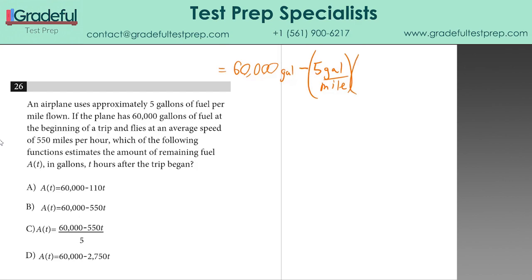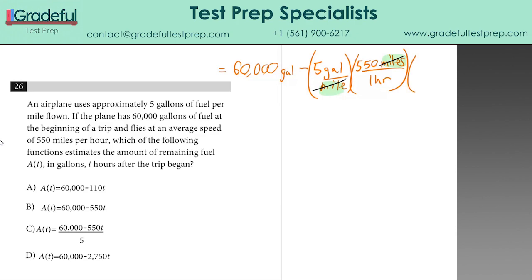The plane is traveling at 550 miles. It's covering 550 miles in 1 hour. So if we let the mile unit cancel out, because we've got 1 on the top and 1 on the bottom, this is leaving us with gallons per hour. So we still don't have matching units because the first unit is just gallons.